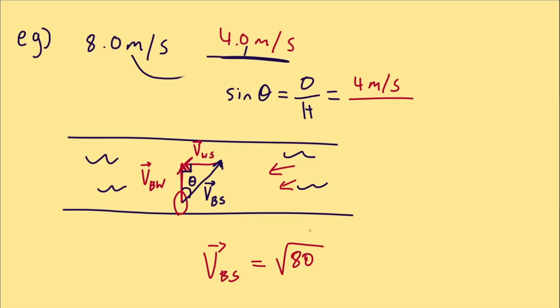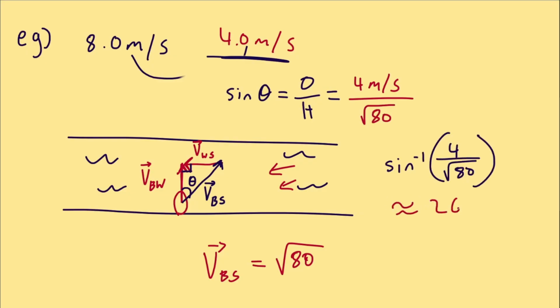The hypotenuse, as we just found out, is root 80. Now take the inverse sine of this value, and you end up with roughly 26 degrees. So if you want your boat to look like it's going in a straight line, you want the perfect angle to drive your boat to counteract this water current, then you should launch it at 26 degrees.